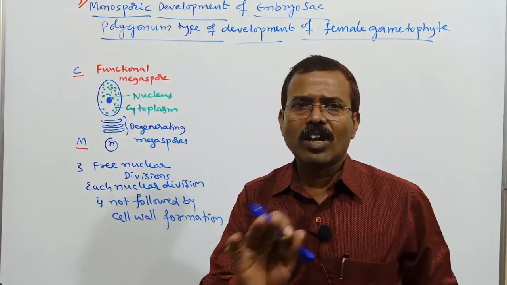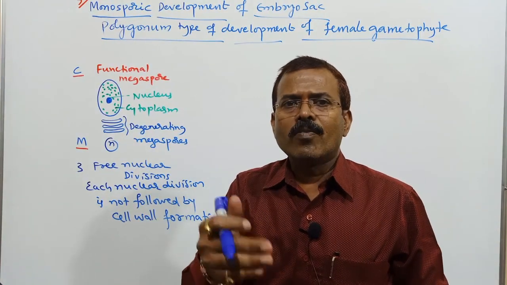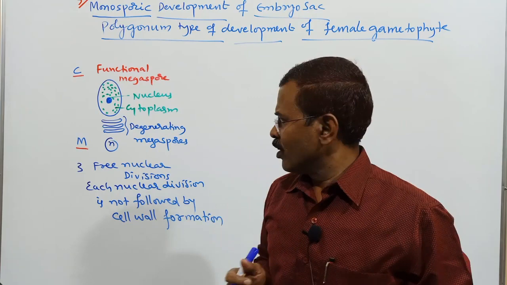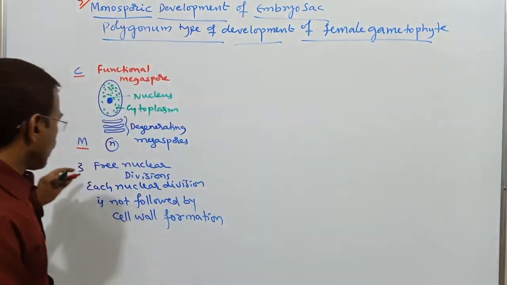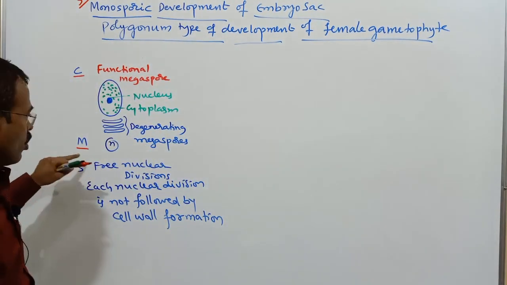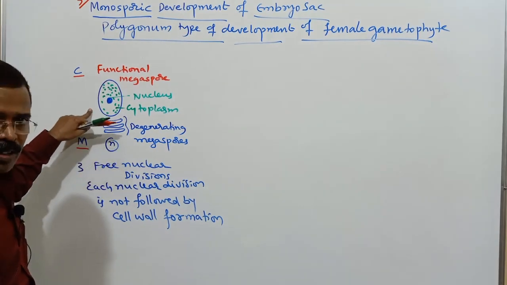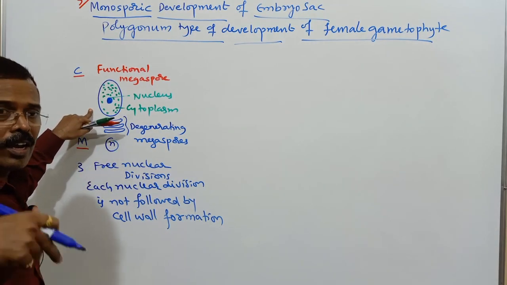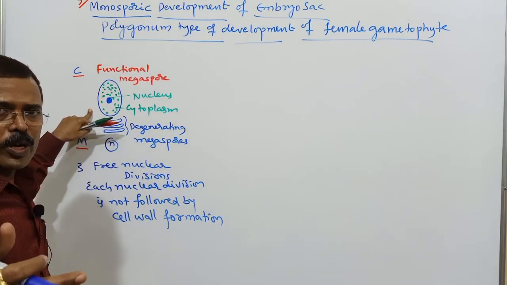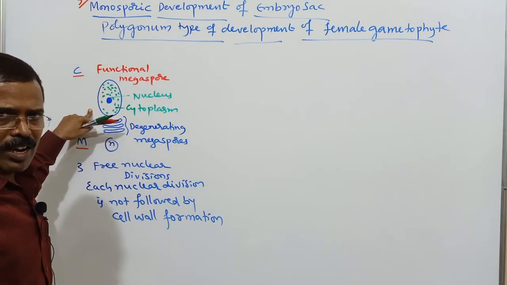Immediately there is no cell wall formation. The number of nuclei will go on increasing. See, first nuclear division, these are all mitotic divisions only because it is already haploid. And later on it is going to develop into a haploid female gametophyte.